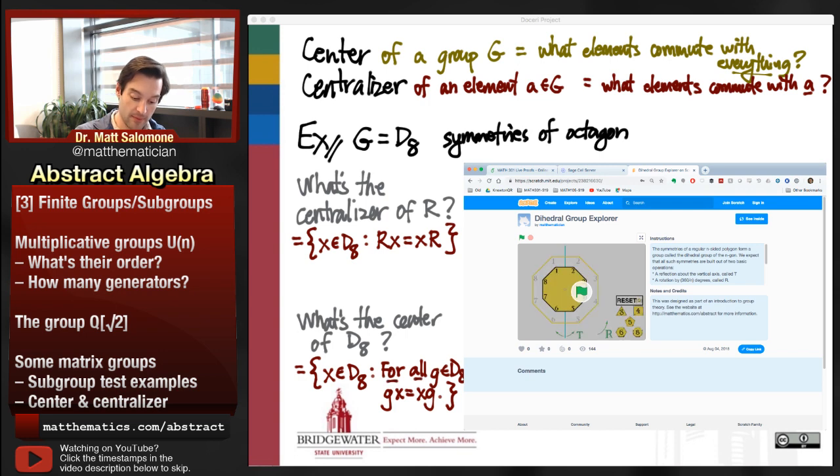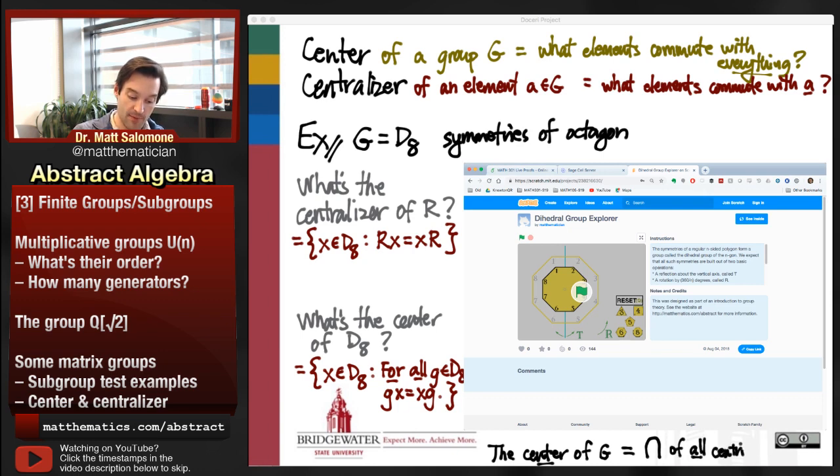So what I hope you can see from this example is that there's a relationship between center and centralizer. And the relationship is this. The center of a group is what we get if we take the intersection of all the group's centralizers.